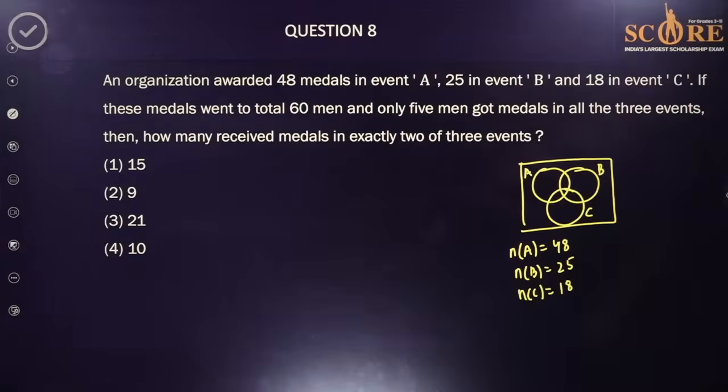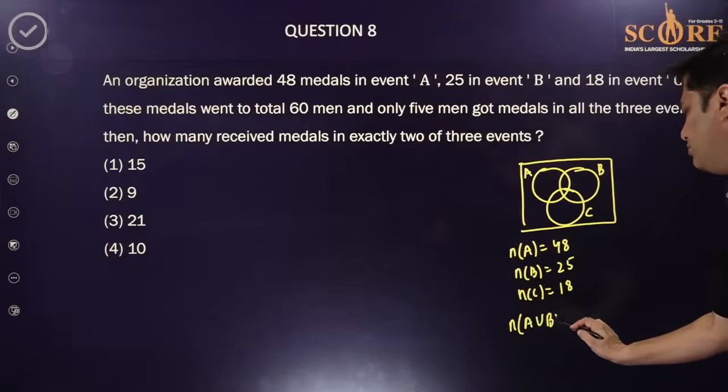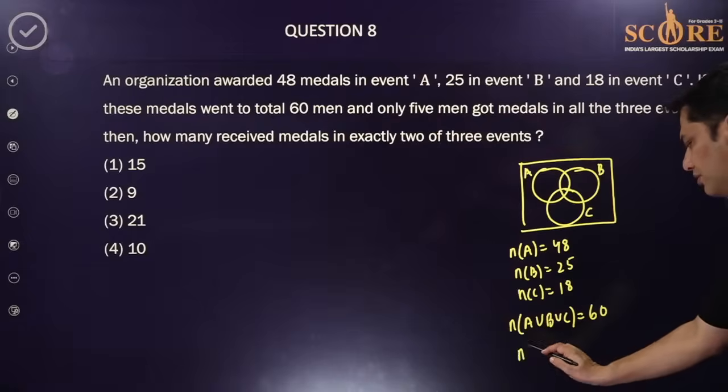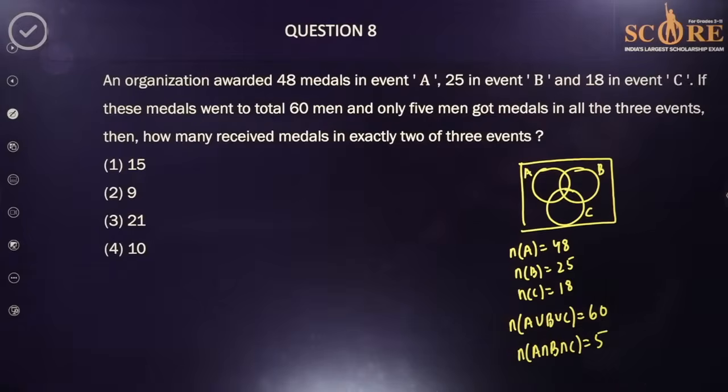If these medals went to a total of 60 men, 60 men means N of A union B union C is equal to 60. And only 5 men got medals in all the 3 events. N of A intersection B intersection C is equal to 5.